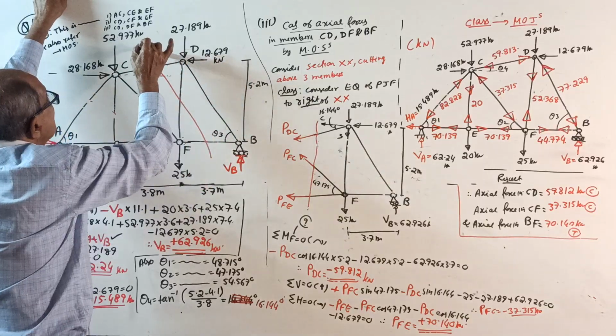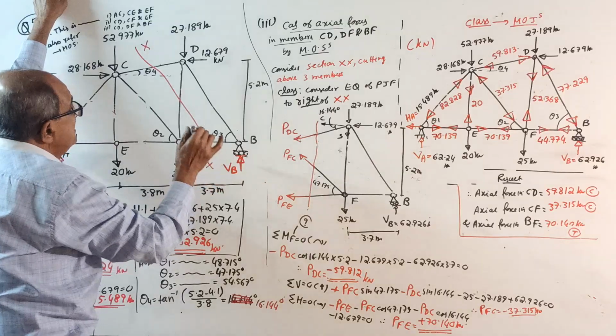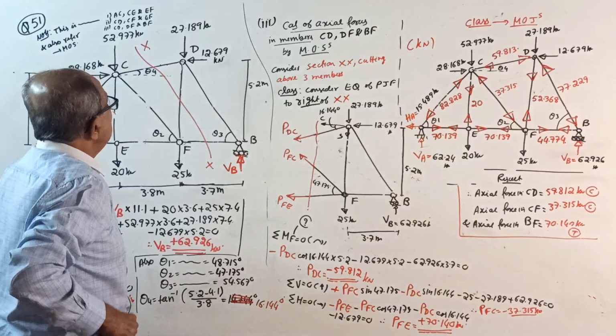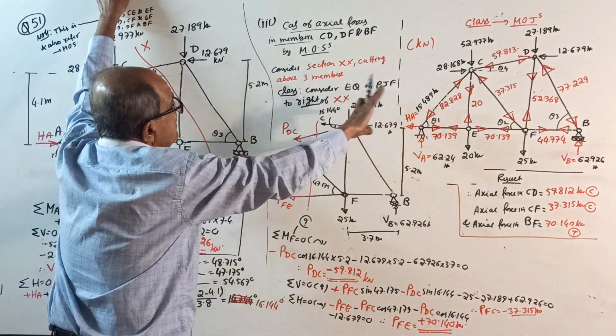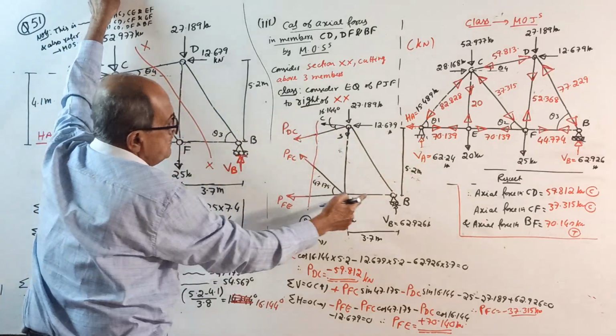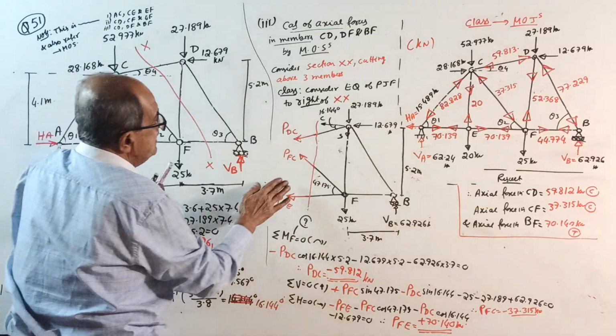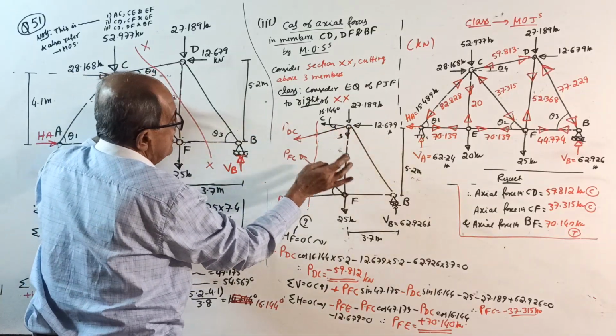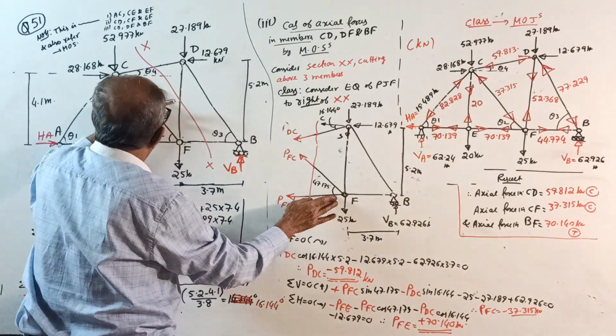So, cut here, XX. Now surely looking right side is better. See why right side? Because it is the easy side. Look right side, then this is intact, but this will vanish. Oh, sorry.